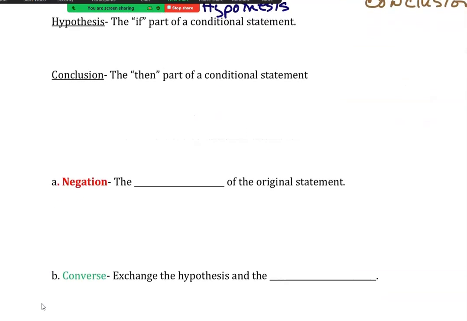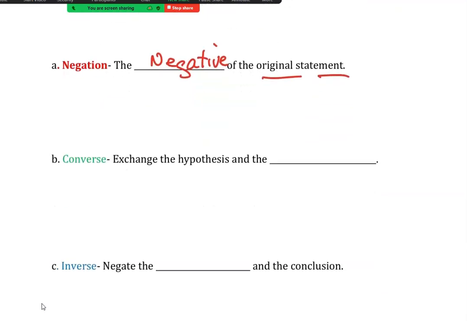Okay, if you negate something in general, it's the negative of the original statement. Okay, the converse, I'm just going to give you some rules here. It exchanges the hypothesis and the conclusion.